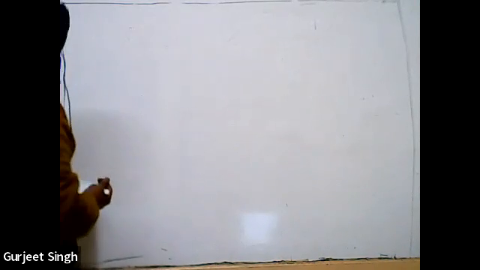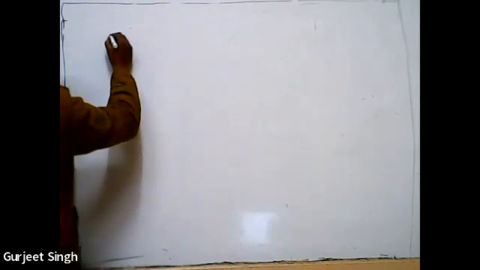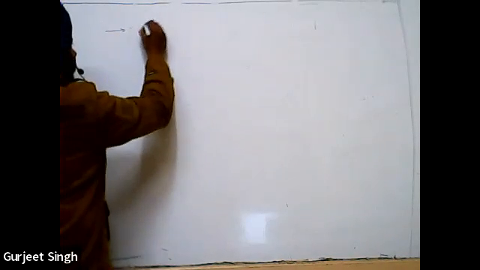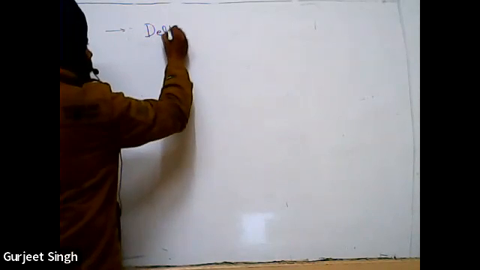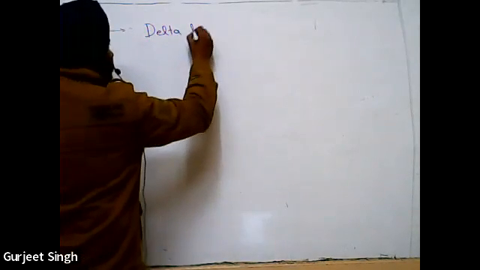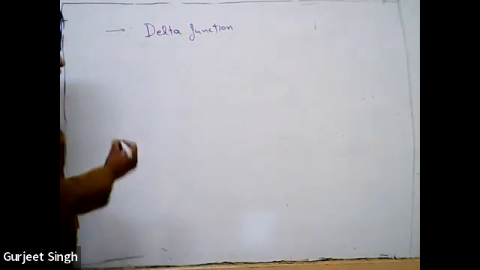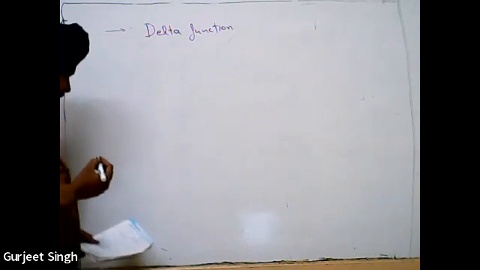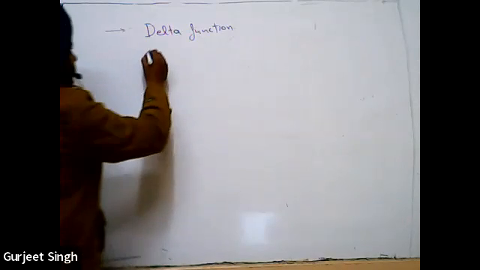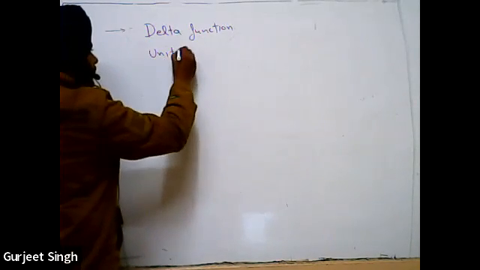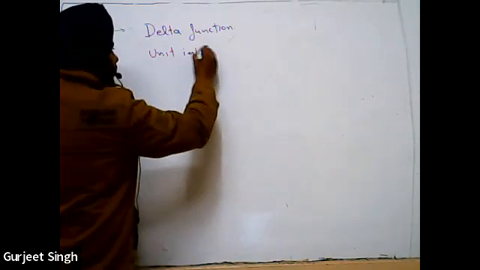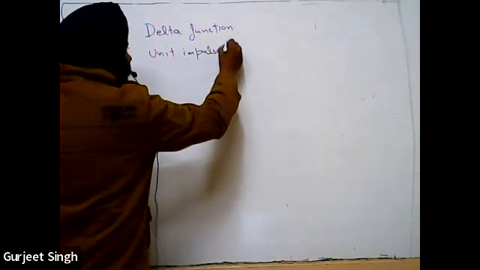After the rectangular function, the next important standard signal is the delta function. Delta function is also called the unit impulse function.